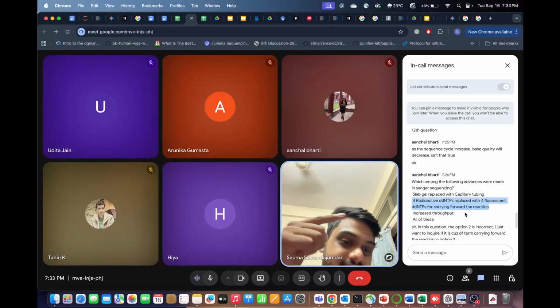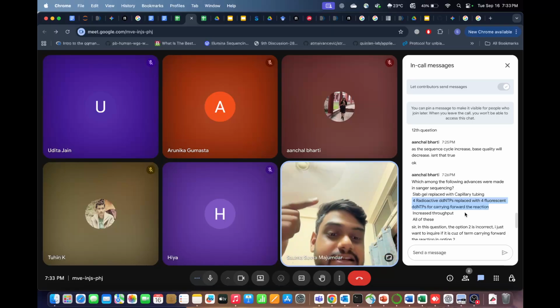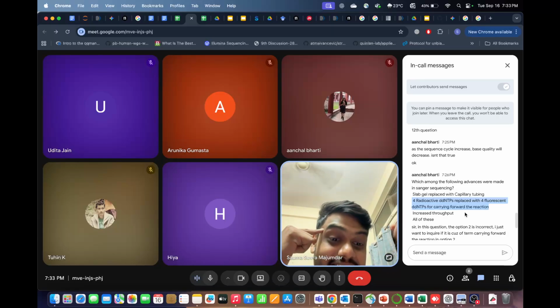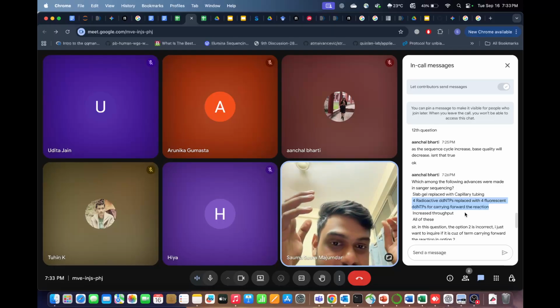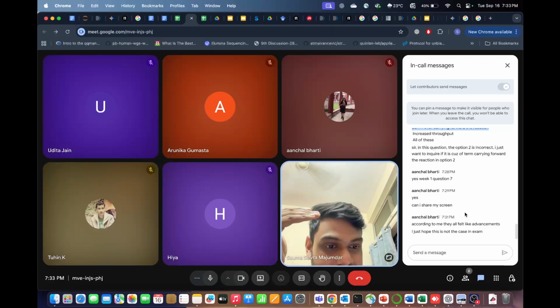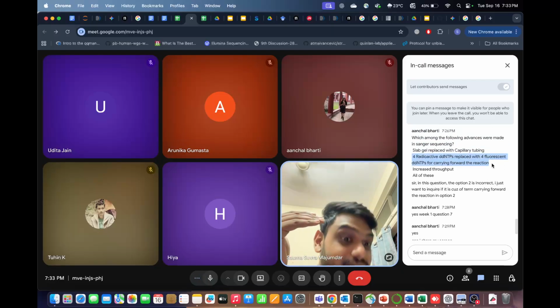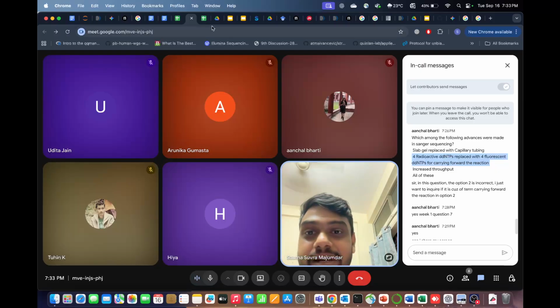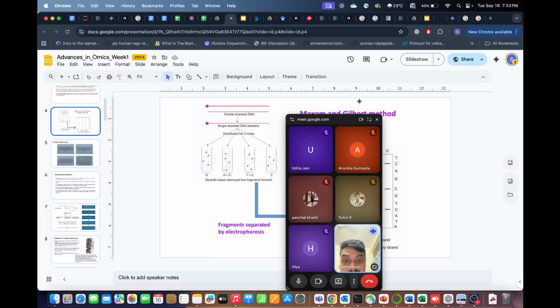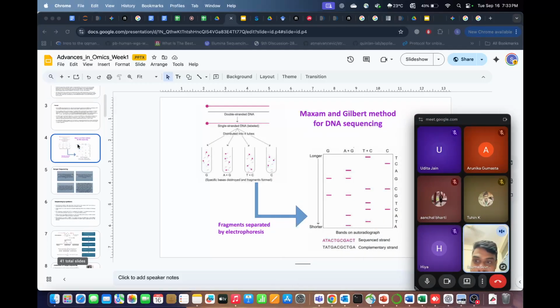In the case of Sanger sequencing, fluorescence was not a part. Fluorescence came in terms of Illumina and those kinds of things. The ddNTPs were the main part. They get attached and do not allow further sequencing. So fluorescent is the issue. Radioactive dNTPs got replaced by ddNTPs.